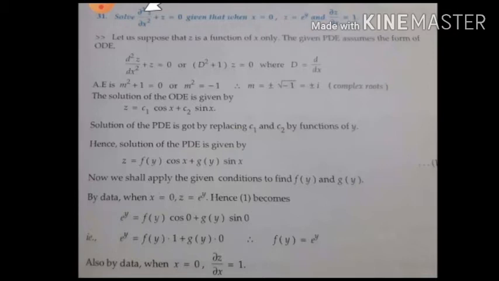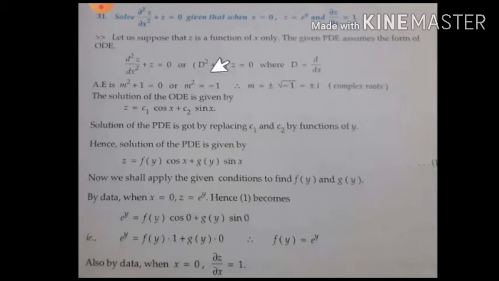But now we assume that z is a function of only one independent variable x. So instead of the partial derivative, it reduces to d square z by dx square plus z equal to 0. This is nothing but an ordinary differential equation, which we have studied in module 2. We know how to solve ordinary differential equations of higher order.